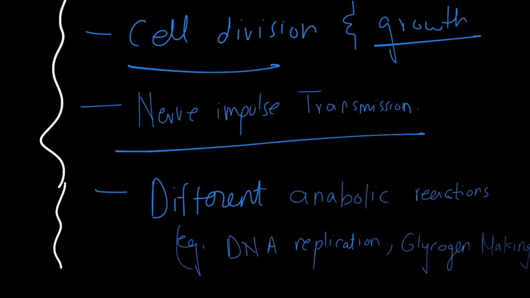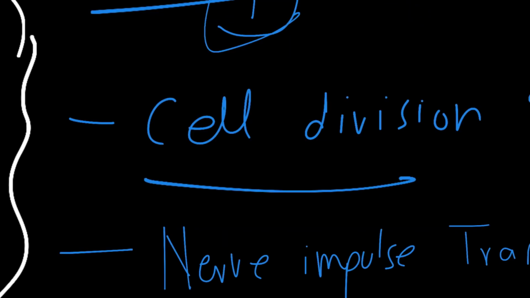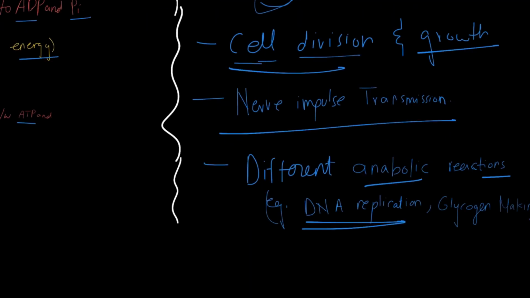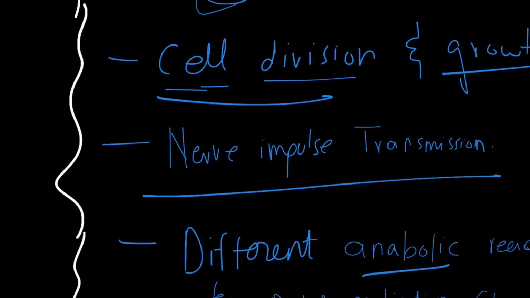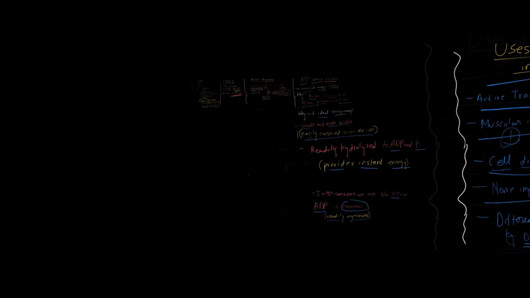We have an idea of how that takes place, and that also requires ATP. And finally, there are different anabolic reactions, which are DNA replication and glycogen making. Cell division, you can head over to the gene control and cell division chapter, and that's where we learn more about cell division. We learned about DNA replication in gene control, but cell division is yet to come. So these are all the uses of ATP in the body.